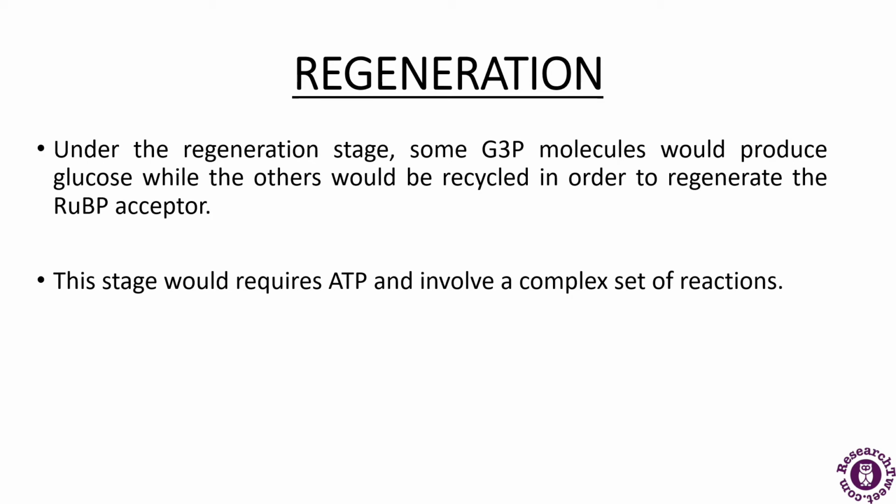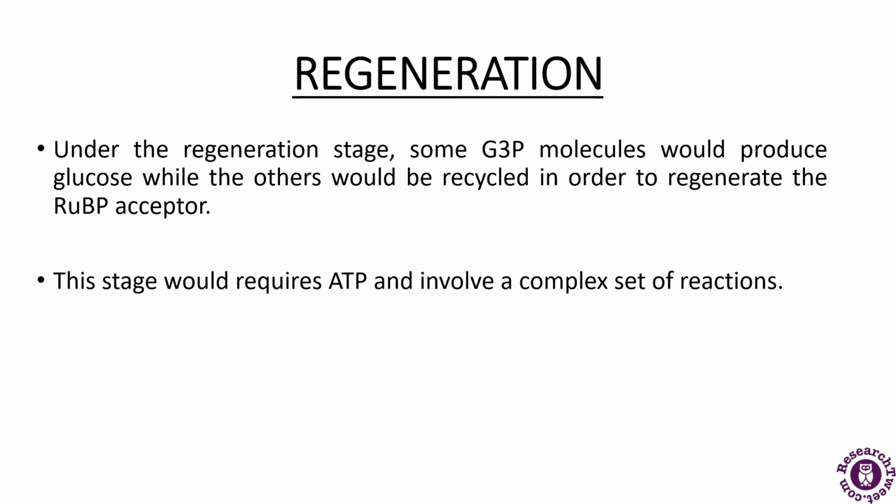So 3 molecules of carbon dioxide enter the cycle. In order for one G3P molecule to leave the cycle and go on to glucose synthesis, they provide the 3 new atoms of fixed carbon. So there are 6 G3P molecules produced when the 3 carbon dioxide molecules enter the cycle.